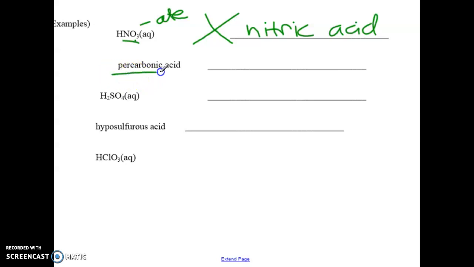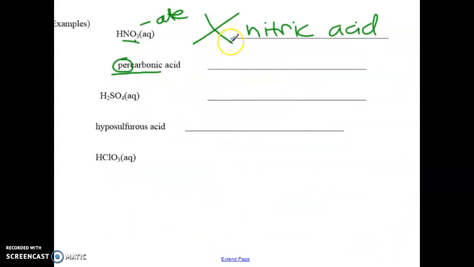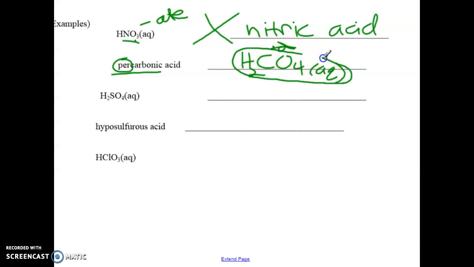Then we have percarbonic acid. Let's go back to what we just finished doing. Per means that we have one additional oxygen from the regular polyatomic. So this is going to be hydrogen with CO4. Now the charge on carbonate, and even percarbonate, is always the same, -2. So that means that the 2 has to crisscross down. So we have H2CO4 with the (aq) symbol.